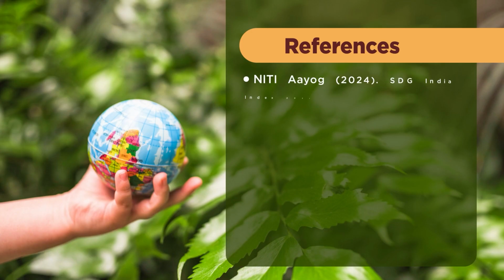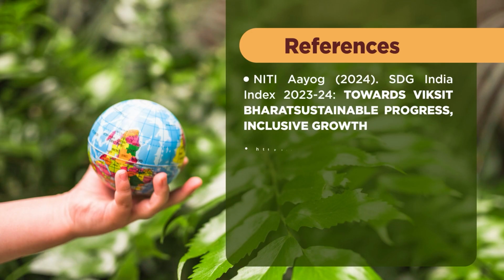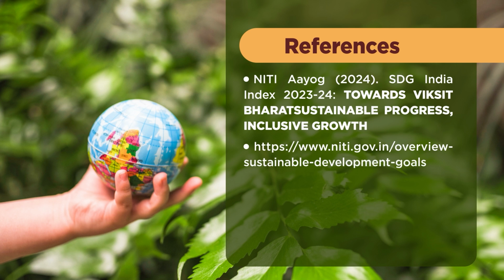And further, for your own reference, I suggest you look into the different publications by NITI Aayog and the Ministry of Statistics and Programme Implementation. On their websites, especially the NITI Aayog website, the latest publication as of today is the SDG India Index 23-24, Towards Viksit Bharat: Sustainable Progress, Inclusive Growth. Just look into that.